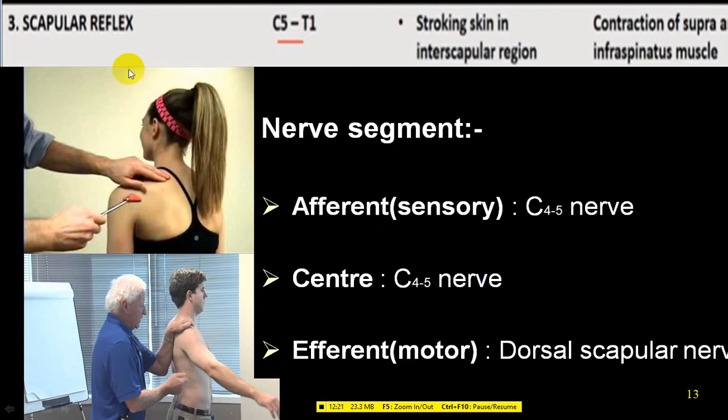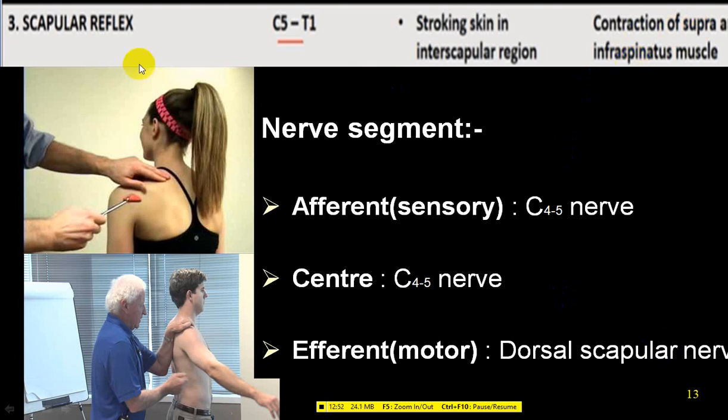There is something called the scapular reflex, where you give a stroke over the skin in the interscapular region. This is scapula. You give a stroke in the interscapular region. The afferent nerve is C4, C5, and center is again cervical 4 and 5, and efferent is dorsal scapular nerve, and you will get a contraction of the supraspinatus and infraspinatus muscle.